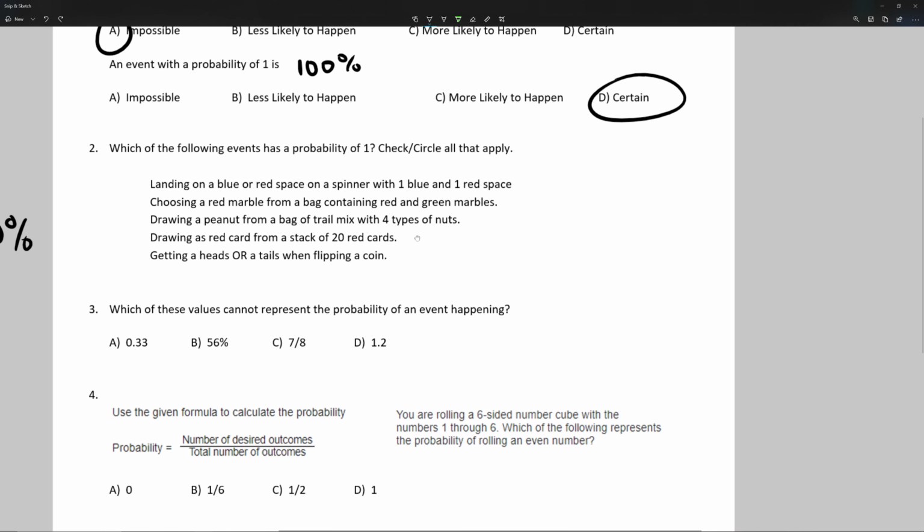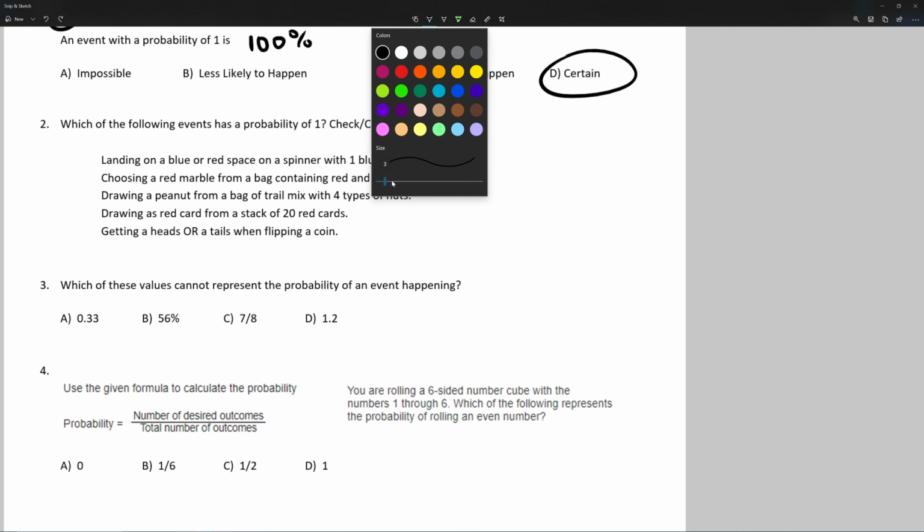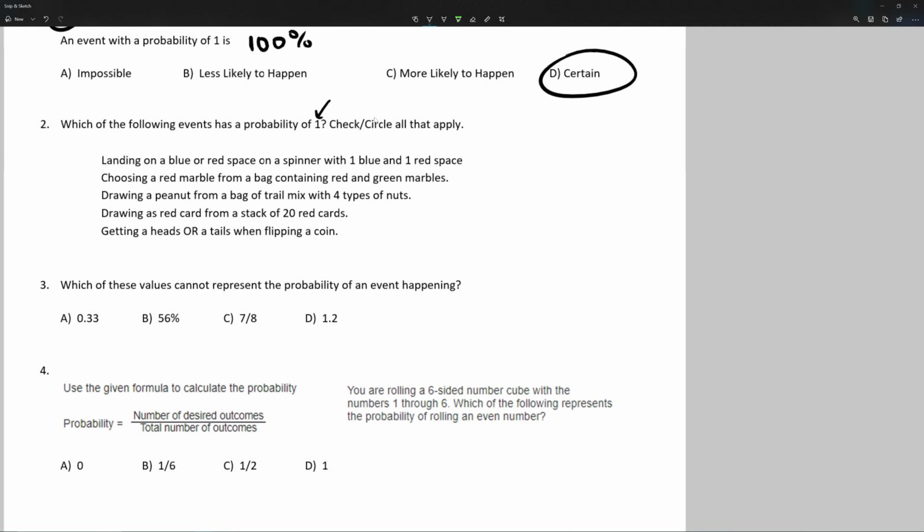So let's look at some more examples of what we would call 100% certainty. So whenever you see 1, you're thinking, ooh, 100%, right? So it says circle all that apply. So for example, let's talk about landing on a blue or red space on a spinner. Now, you're going to hear a lot of references to spinners, especially in somewhat elementary probability. Well, this spinner has a red space and it has a pretty blue space. Favorite color is blue.